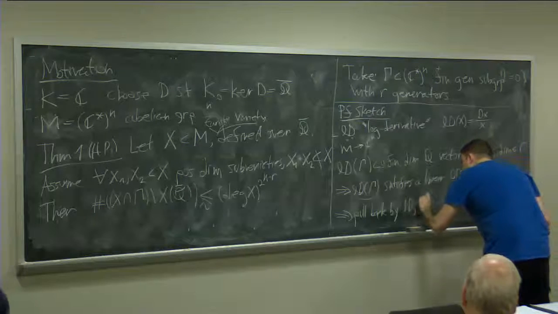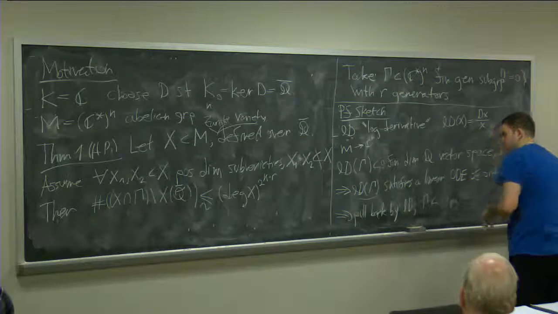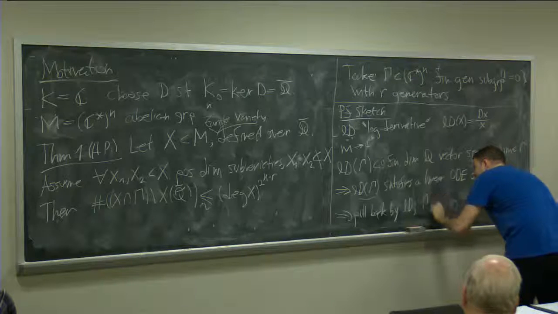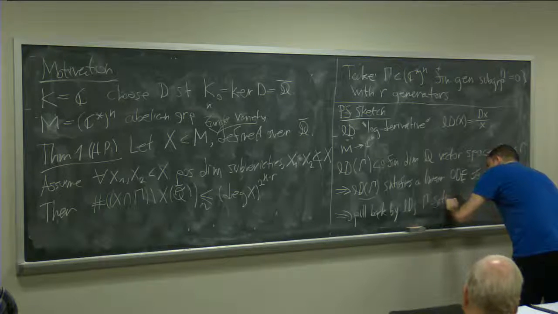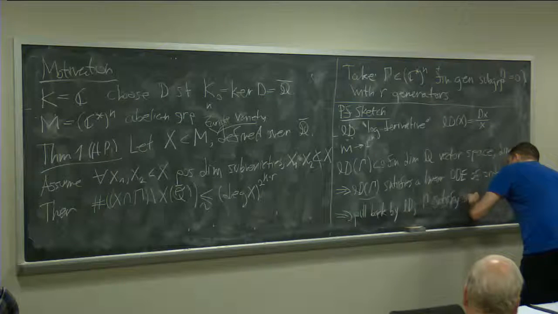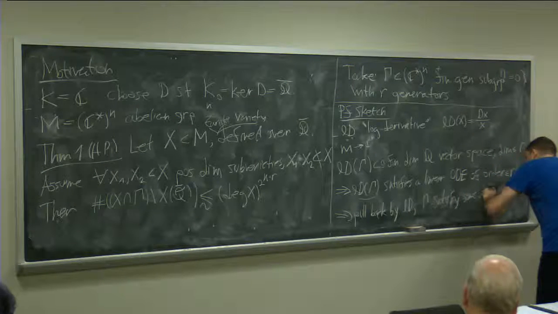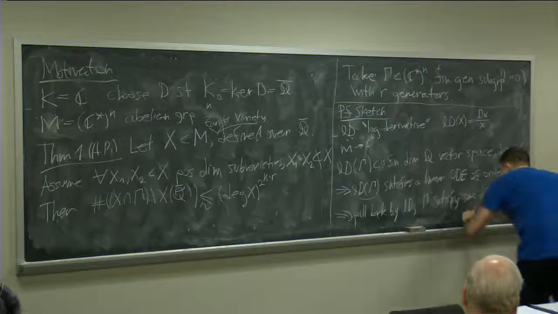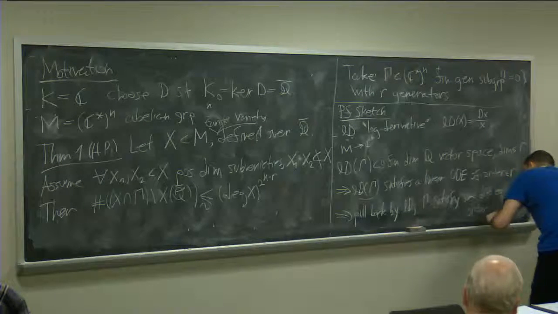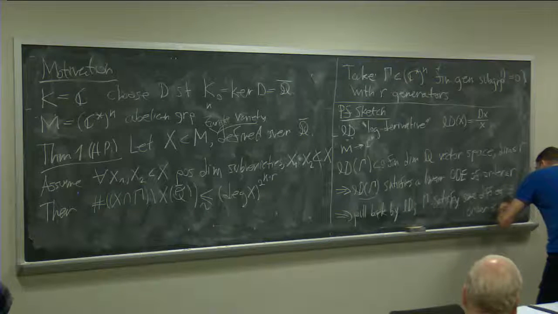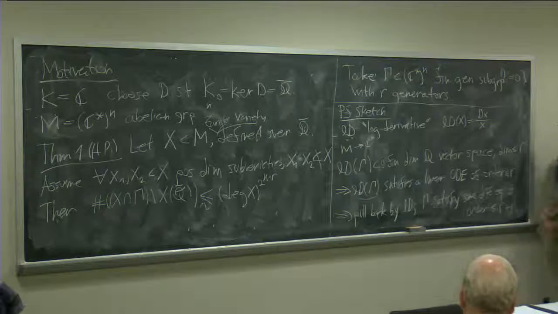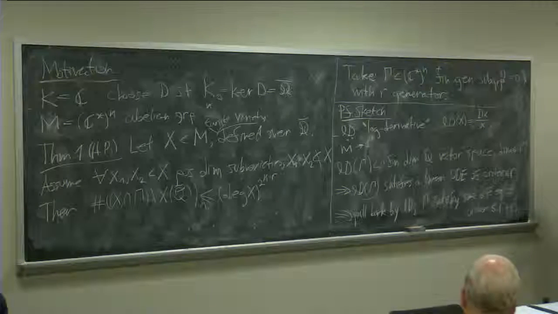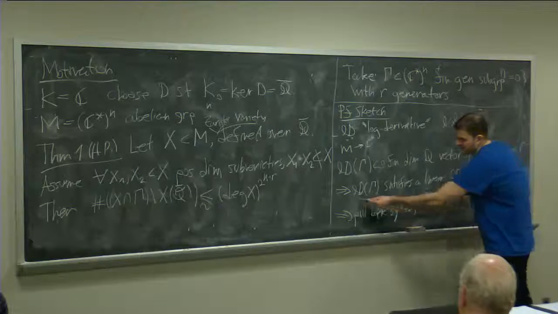Then gamma will satisfy some differential equation of order maybe R plus 1 now. I don't want to be specific about the numbers. If the logarithmic derivative of gamma satisfies the equation, then just plug in.